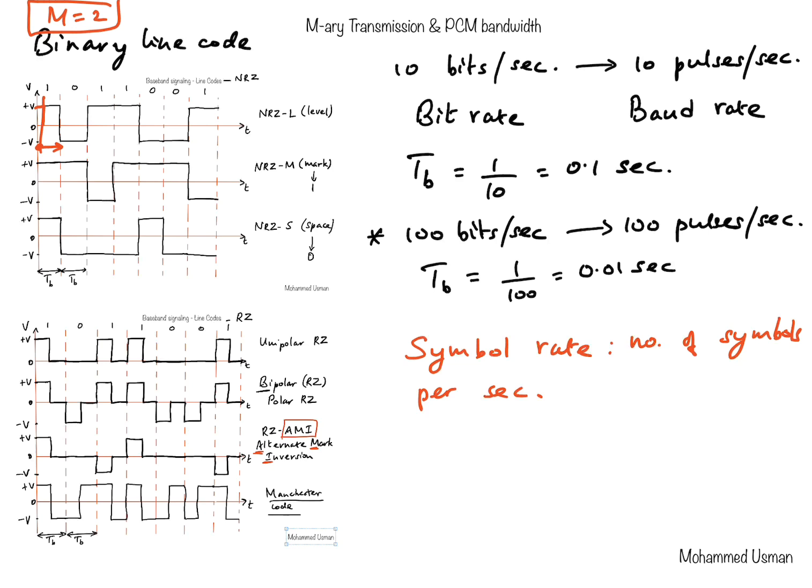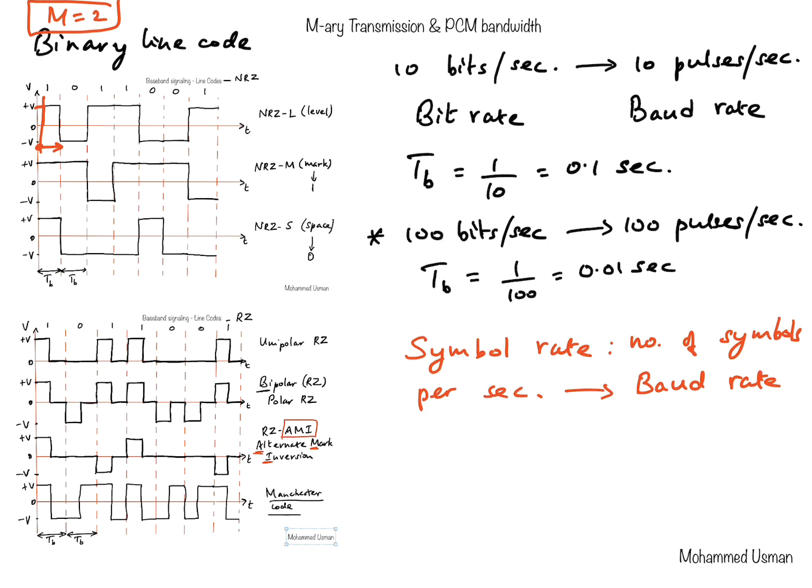The symbol rate is identical to the baud rate. So the number of symbols per second and the number of pulses per second are going to be the same, because each pulse is representing a particular symbol, one symbol.